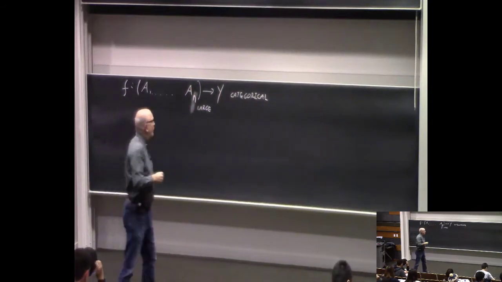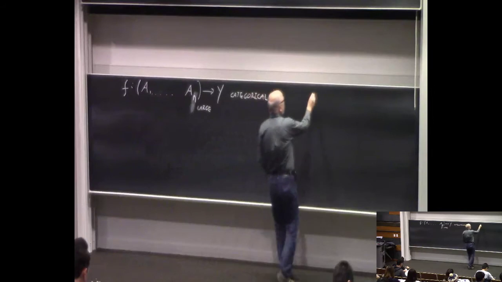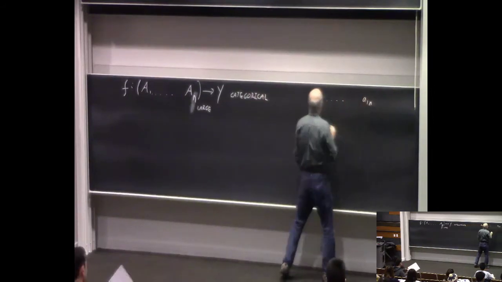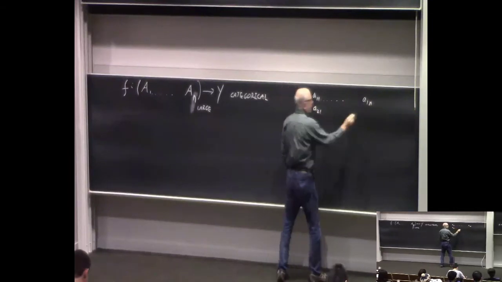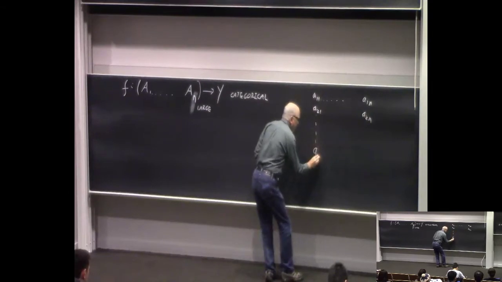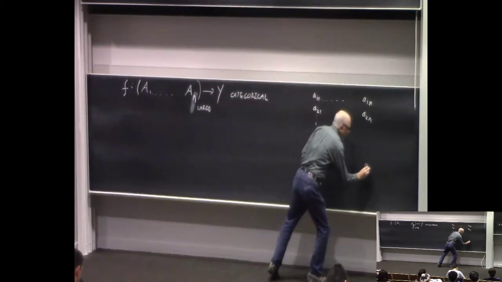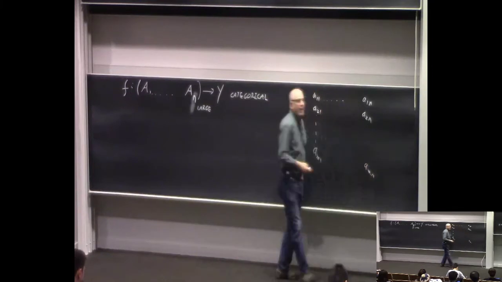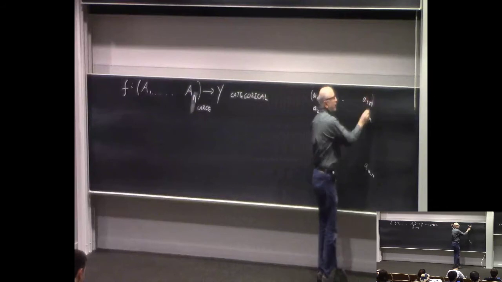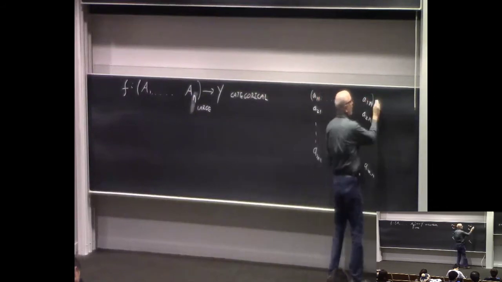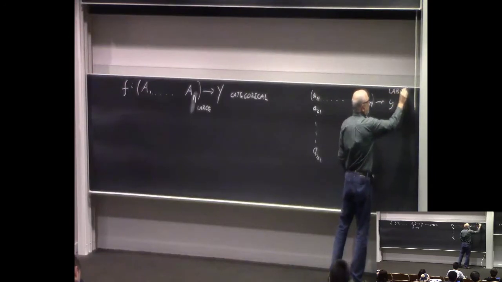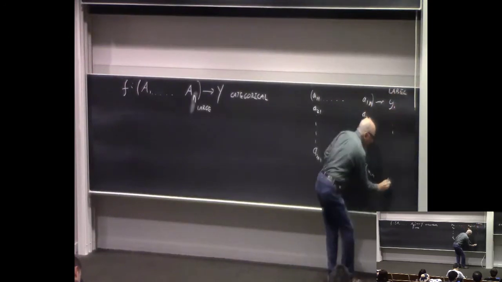We have a lot of training data for this, meaning we have an A11, A1n, A21 through A2n, all the way to A, say, M1 through AMN. That means we have M different data points, and every data point consists of an array of the attribute values and the correct value, the label, Y1 through YM.